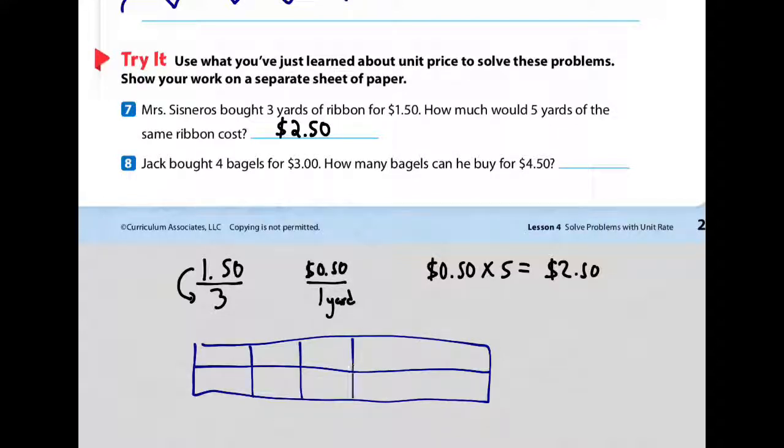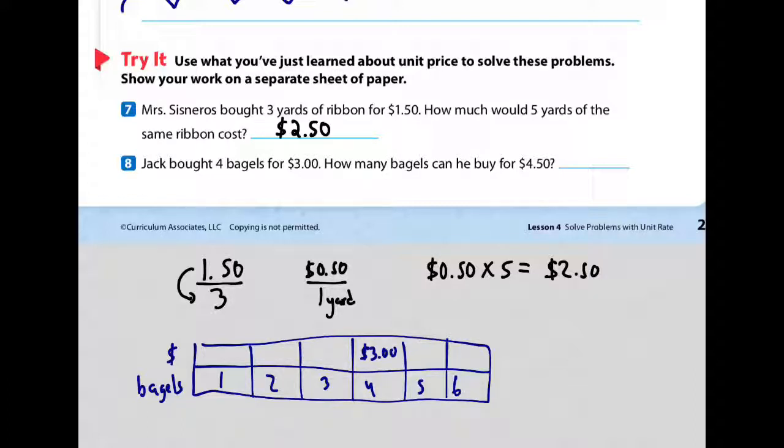Put a bunch of columns in, and it's going to be cost for bagels. And it's 1, 2, 3, 4, 5, 6 bagels. And they give us the ratio. Jack bought 4 bagels for $3. So 4 bagels is $3.